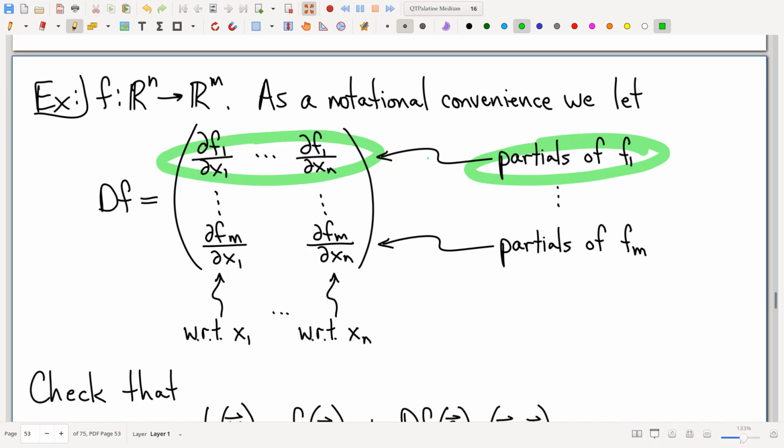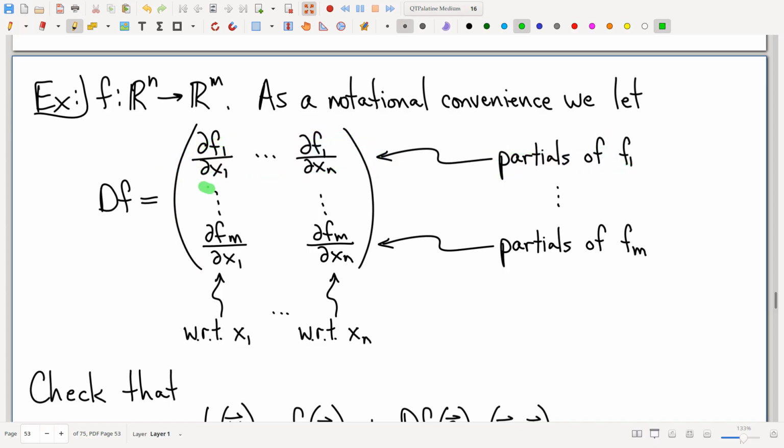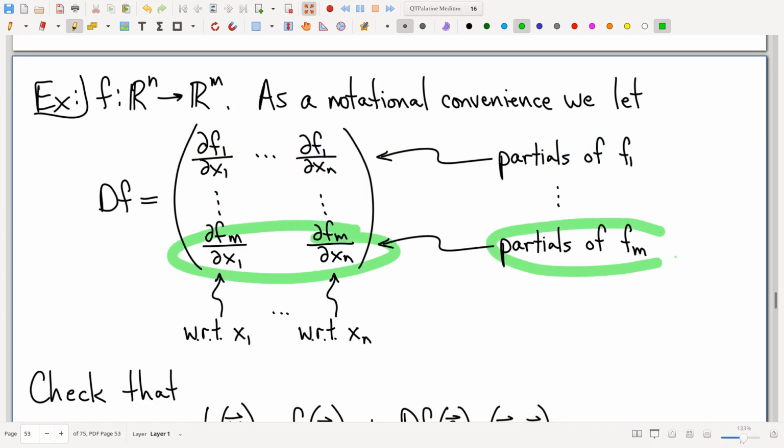It is literally the gradient of f1. And likewise, all of the other rows as well. So, for example, this being all the partials of fm, it's a matrix, so if you want to say it's a transpose of, okay, sure, fine. In terms of its elements, it is the gradient of fm. So that's a neat observation.